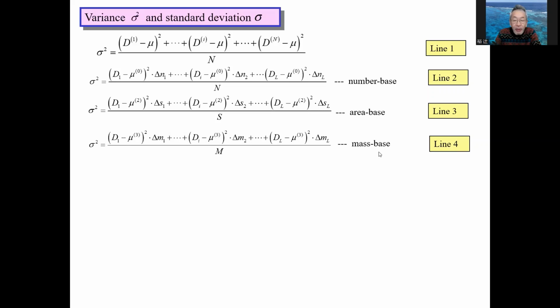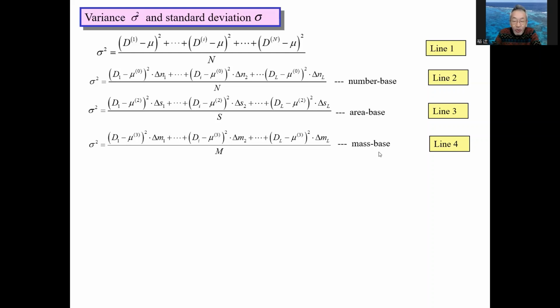Particles are grouped by the size, such as D1 group, D2 group, etc. The subscript symbol large L is the number of all groups. Usually, L is much smaller than M. In this lecture, L is also used for group numbering.